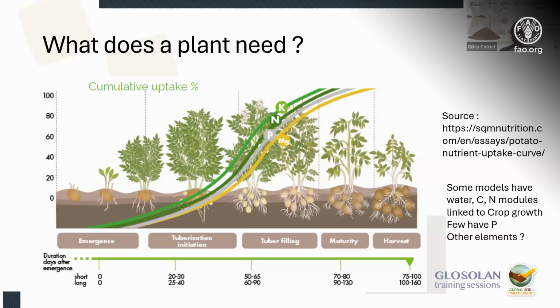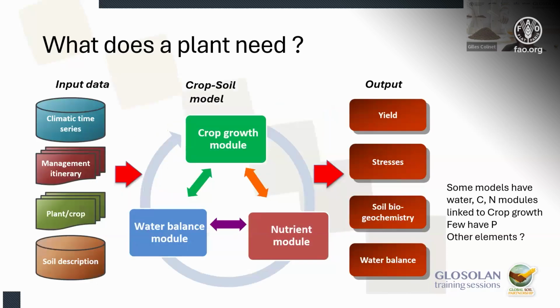And so in modeling or in fertility practices, sometimes you can fractionate the quantity of elements that you give. It's mostly the case for nitrogen. And so it means that some models that exist on the market can have different kinds of modules for the crop growth.